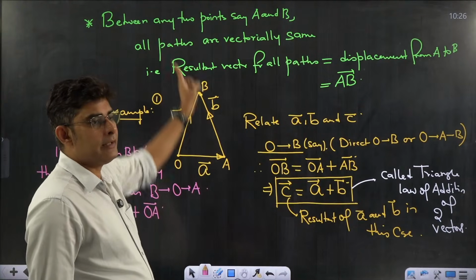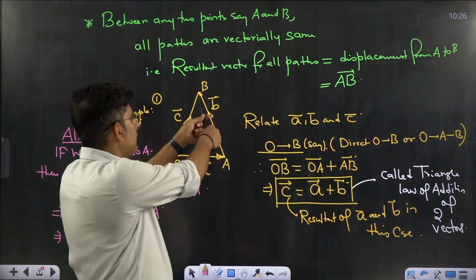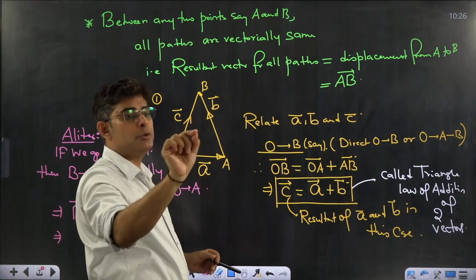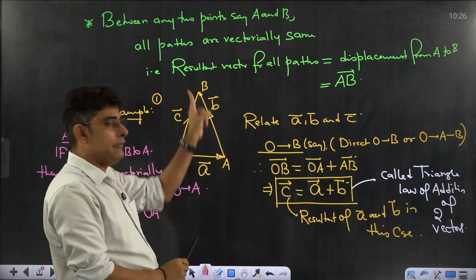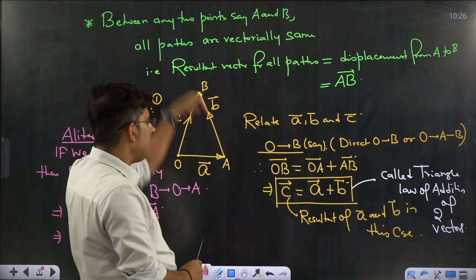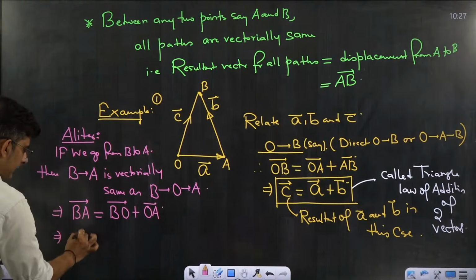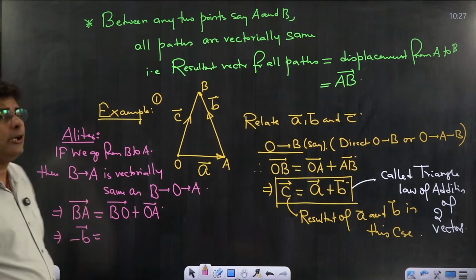Can you see AB vector is B vector? So if I reverse it, I told yesterday just put a minus sign. So AB vector, see in the diagram, is B vector. So BA vector will be minus B vector. So in place of BA vector, can I write minus B vector? We'll say yes.